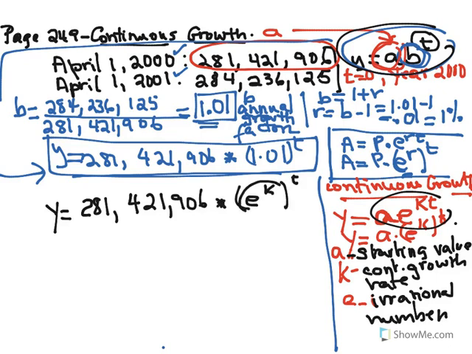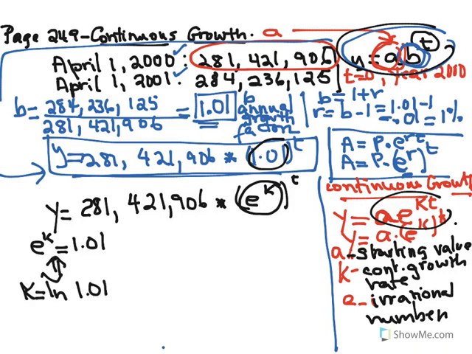Now my problem is who is e to the k, or who is k? If e to the k equals 1.01, you remember your logs, k would be ln, or natural log, of 1.01. k would be the number 0.00995. You can find this number in your calculator.